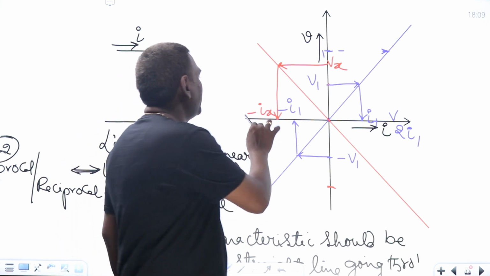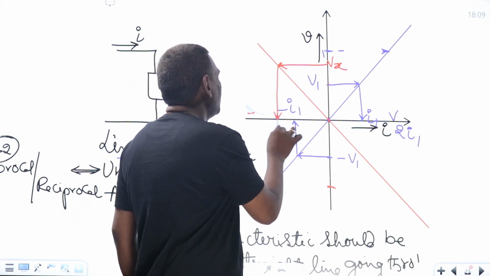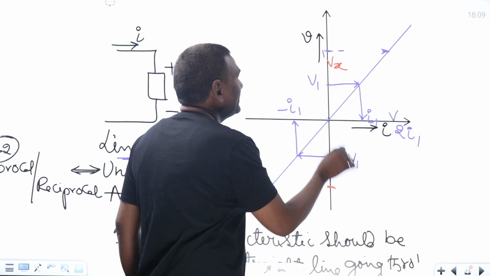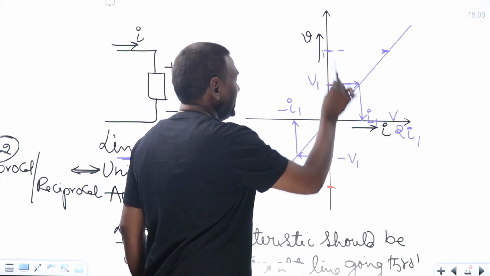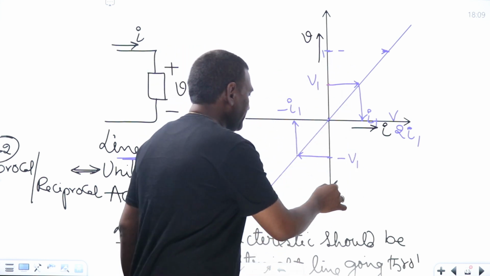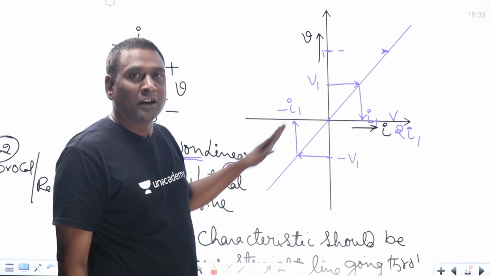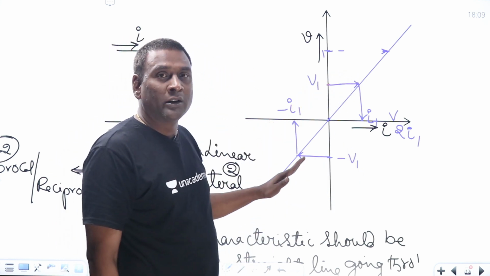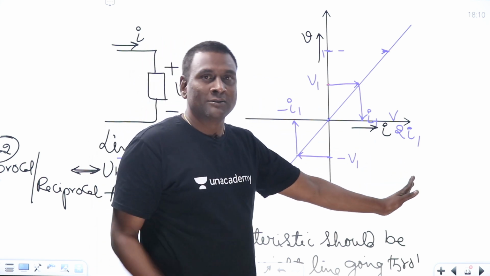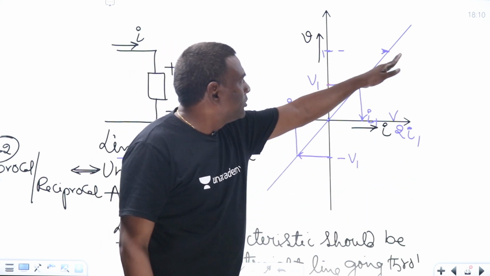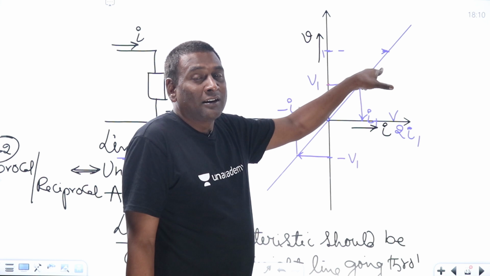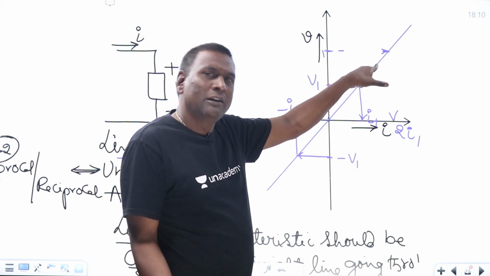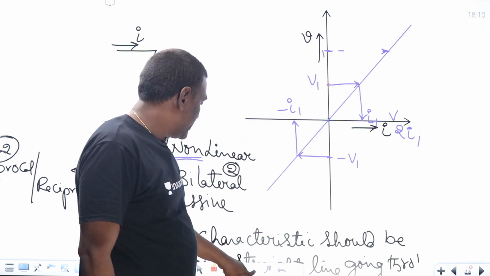So the point is very simple. If our characteristic is symmetric between first and third quadrants, or second and fourth quadrants, it should be reflected. So in this condition, is it unilateral or bilateral? It is bilateral.